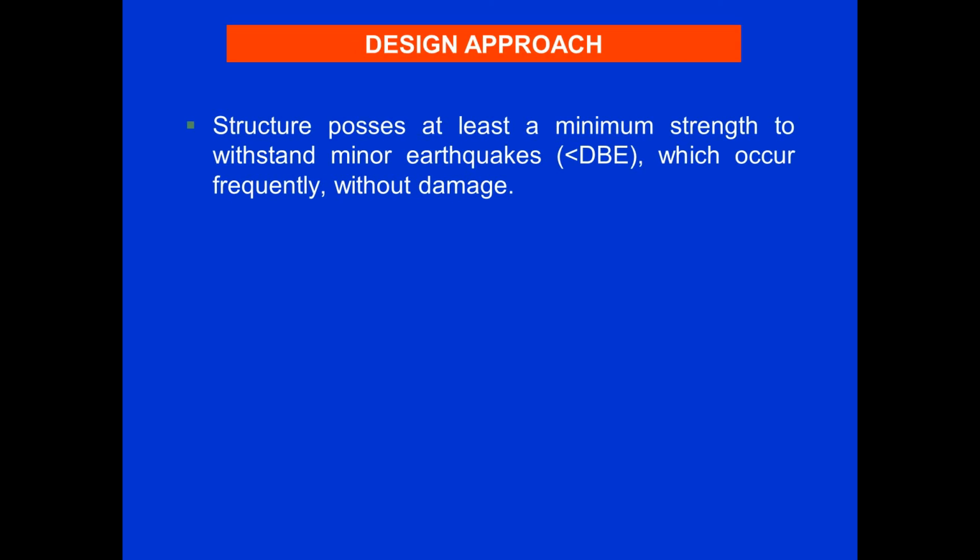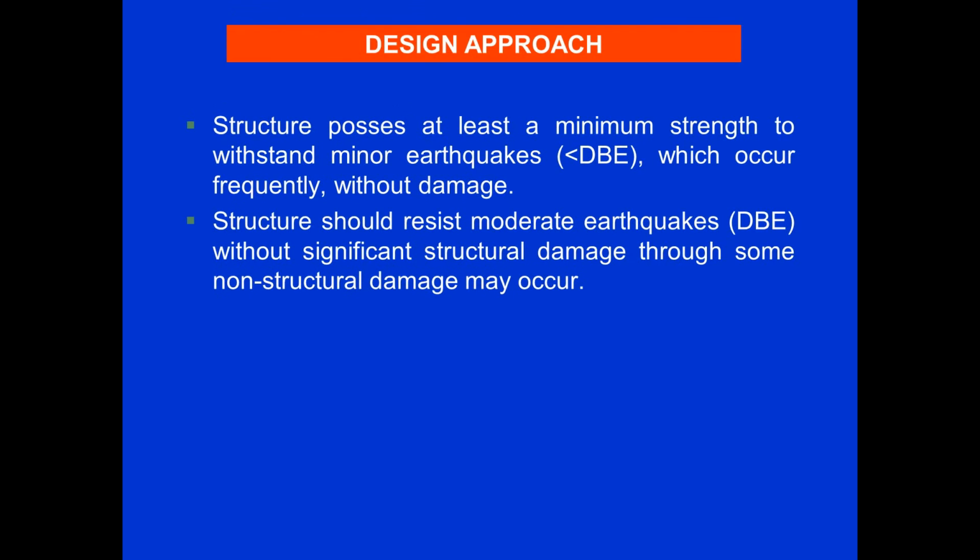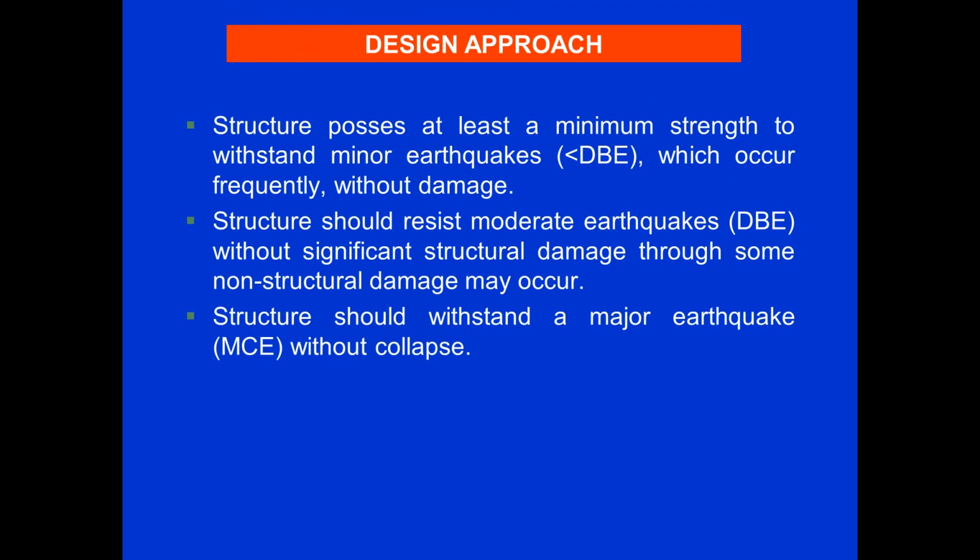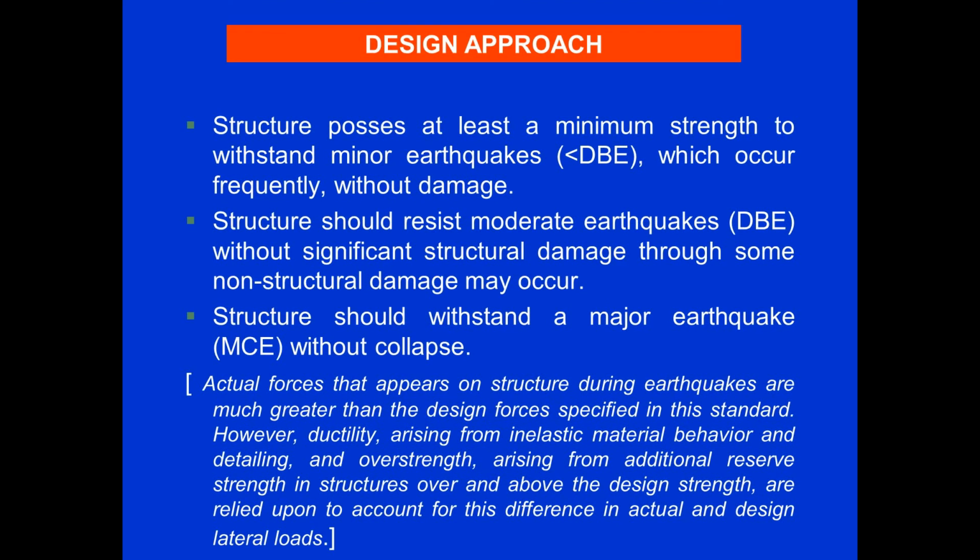First of all, the structure possesses at least a maximum strength to withstand the minor earthquake, which occurs frequently, without damage. The structure should resist the moderate earthquake without significant structural damage, though some non-structural damage may occur. And the structure should withstand the major earthquake without collapse. Finally, the actual forces that appear on the structure during an earthquake are much higher than the design forces specified in the standard.